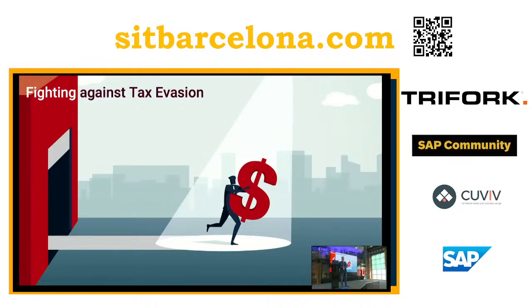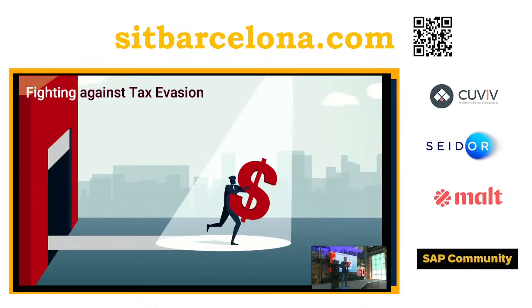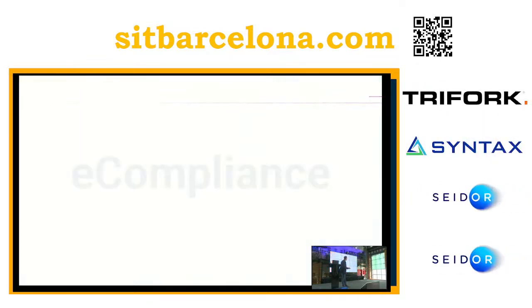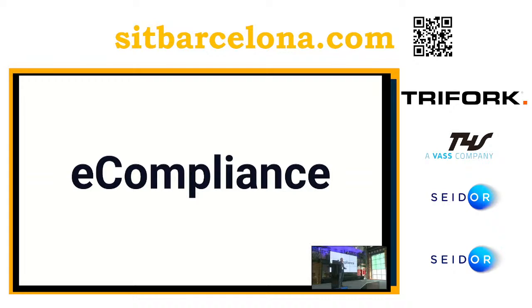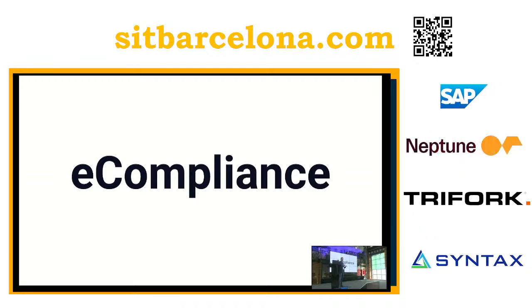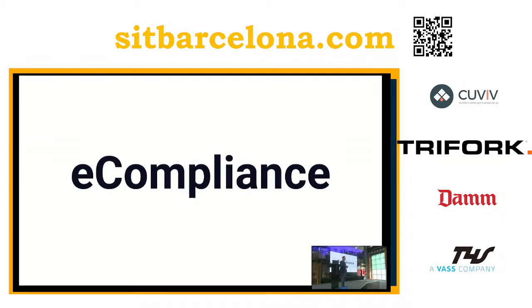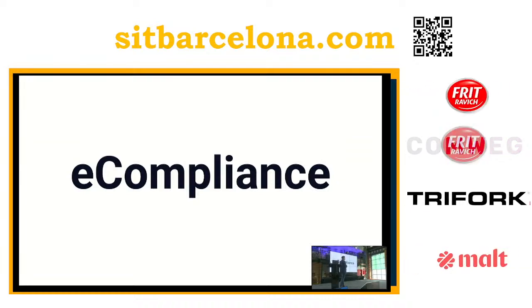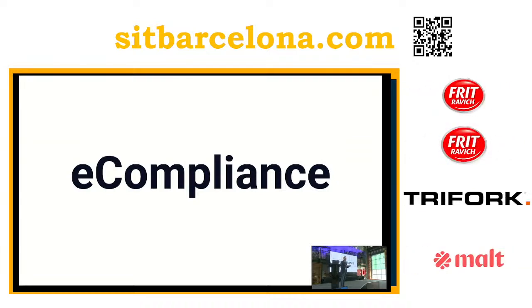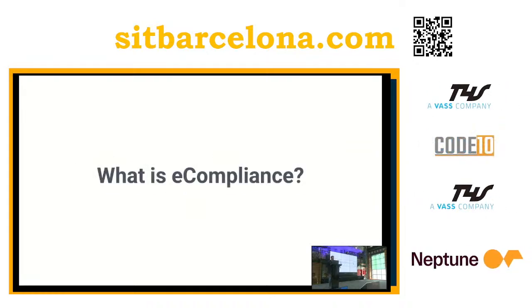Then we have this buzzword, digital transformation. We have used it so much in the last years that I just got another buzzword called eCompliance. eCompliance is nothing more than the digital transformation of tax authorities. It can, of course, be used in other contexts as well, but here today we are using it in the tax context. So what is eCompliance?